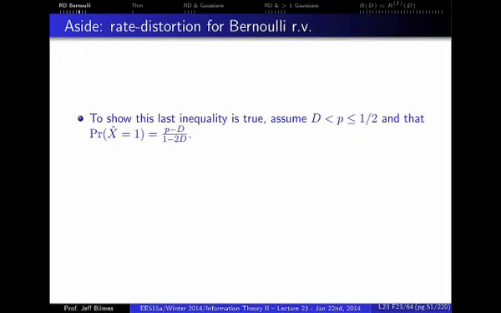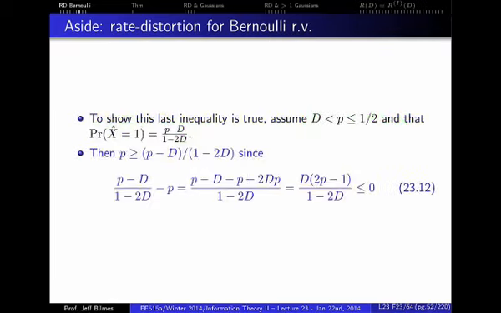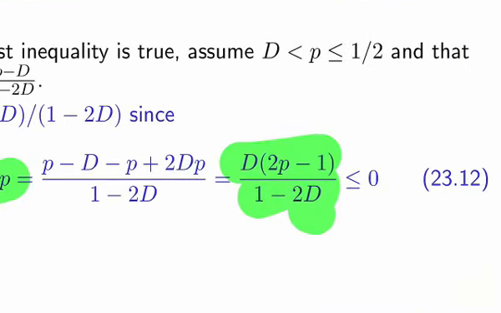Well, let's just again set up the problem. We say, okay, here's the condition and here's the expression. Then p is going to be greater than that expression, and it's just by algebra. You just show p minus d over 1 minus 2d minus p is equal to this thing. And since p in particular is less than or equal to 1/2, 2p is at most equal to 1.